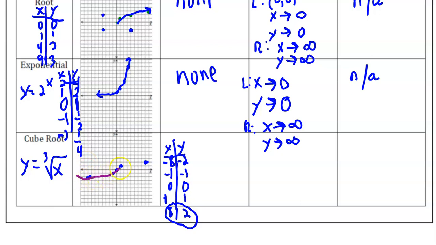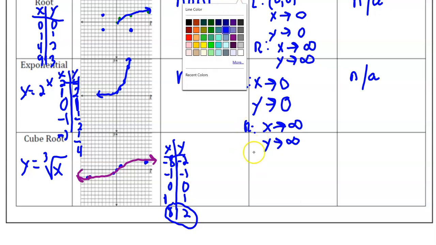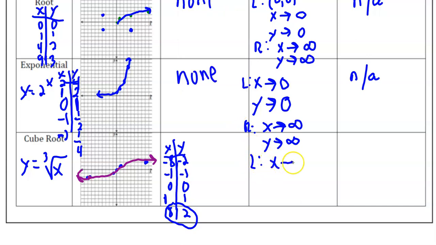So it looks like this. So as x approaches on the left side, means x is going towards negative infinity. Y is approaching also negative infinity. It's going down right here.